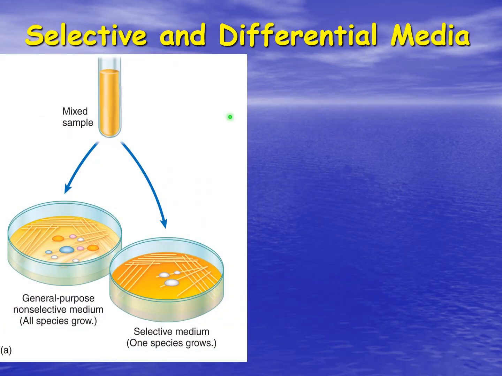So, for example, here I have a mixed sample, and if I were to plate that on a general purpose media, everybody grows. So I've got a whole bunch of different ones here. But on a select media, only this particular organism grows and everybody else will not be allowed to grow.